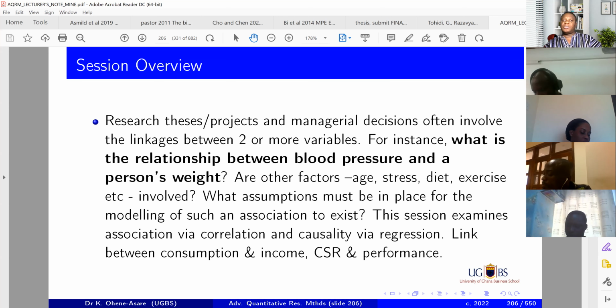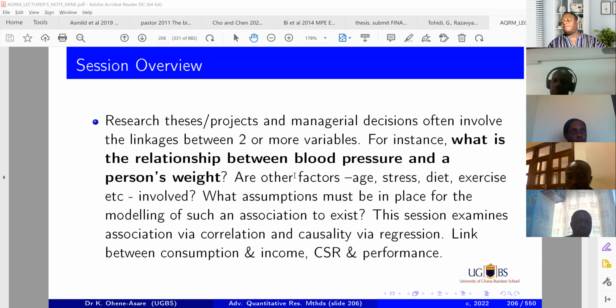Let me just ask you to see whether you have an idea about this. You can raise your hand and tell me, what is the relationship between consumption and income? Is the relationship positive or negative?